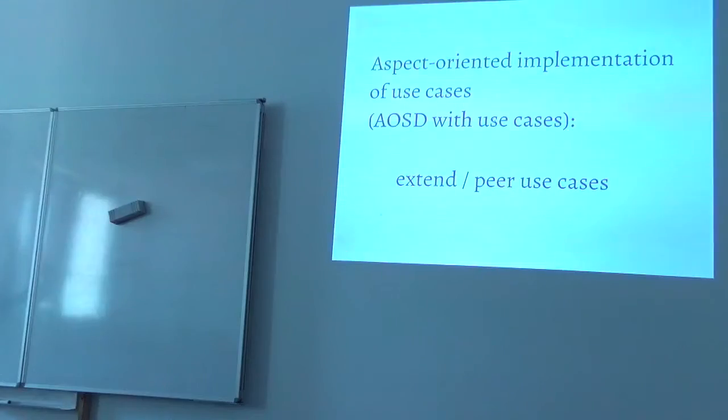And even if you do not care about aspect orientation, you should care about use cases. The book that highly improves understanding of use cases is called Aspect-Oriented Software Development with Use Cases.